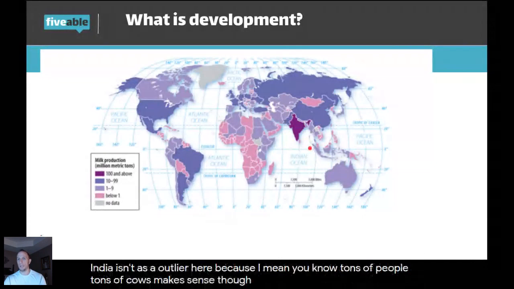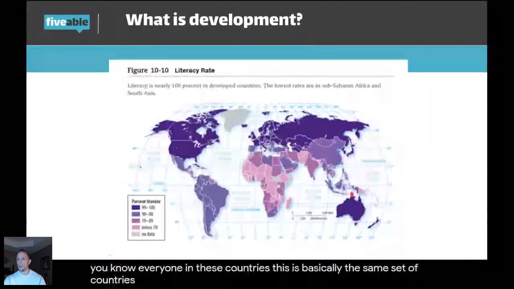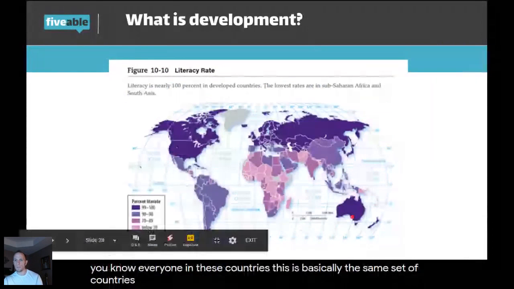The literacy rate. How many people in a country are able to read? In a country like the United States and Europe, I mean, we're 99%. Even North Korea is 99%. Everyone in these countries, it's basically the same set of countries, are able to read.